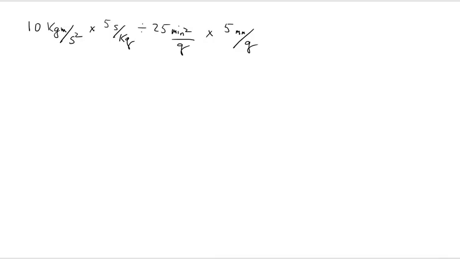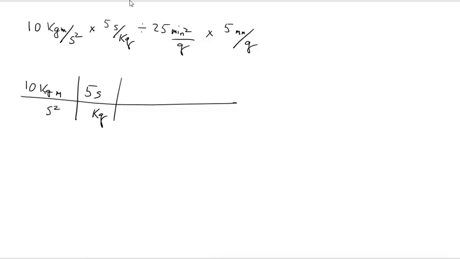All right, train tracks, I set it up. 10 kilogram meter per second squared, 5 seconds per kilogram, divided by 25 minutes squared per gram, and then I am multiplying by 5 millimeters per gram.